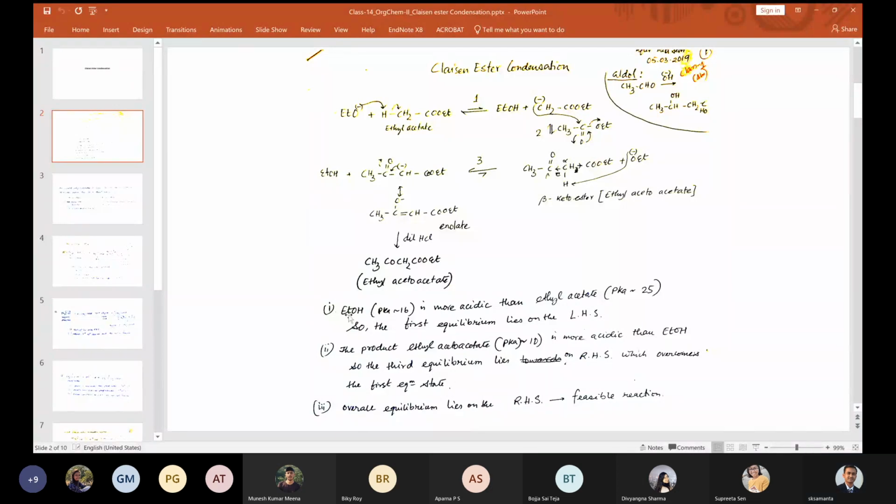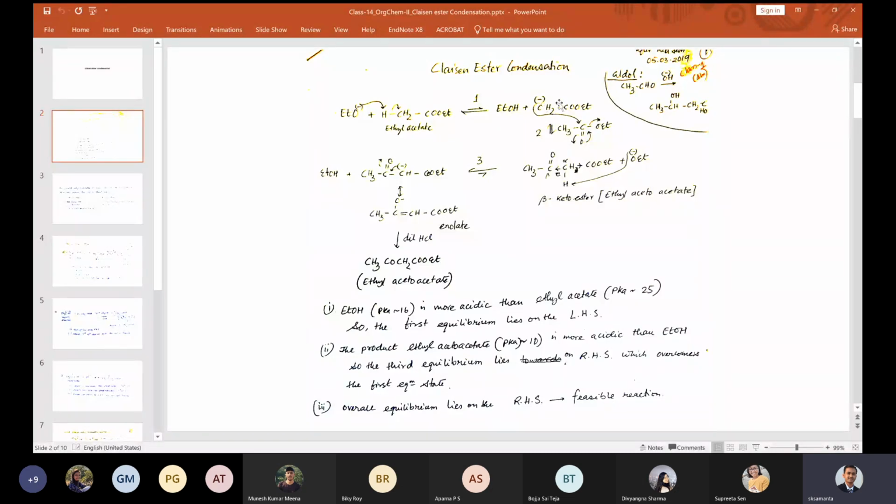Now, the pKa of ethanol is 16, compared to ethyl acetate, whose pKa is 25. So this one is more acidic than this one. If this is more acidic, that means its conjugate base would be more stable than this one.